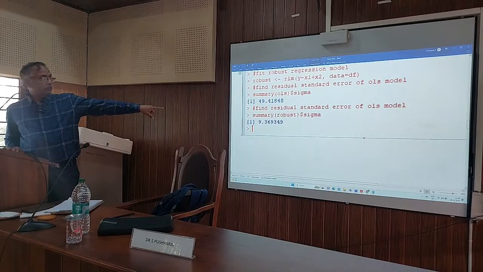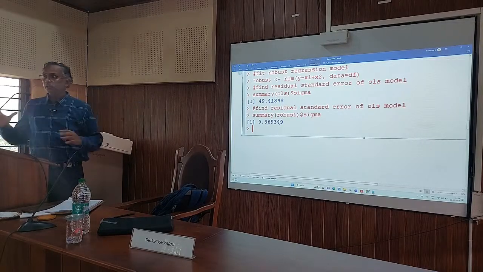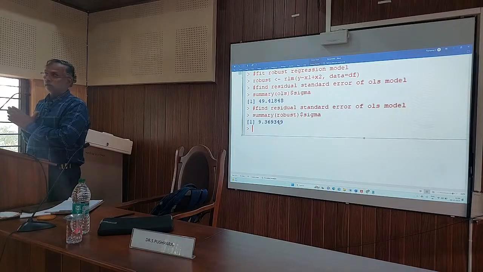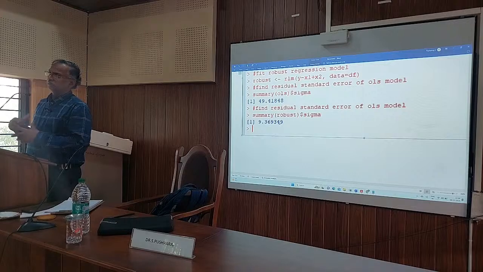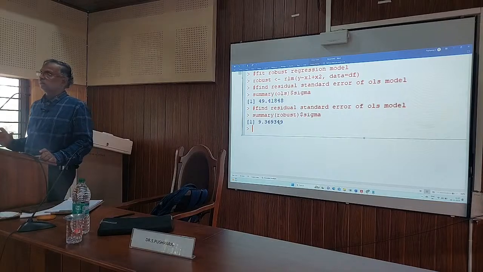In the robust model, the standard deviation is 0.9. That's why the standard error is reduced in the robust model, and that gives very robust results compared to the OLS model. So this is the robust regression model.